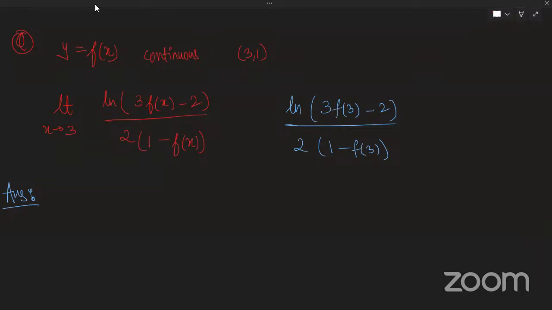Sir, is it y? F of 3, will it not be a constant value? F is a function, 3 is a constant value that's been inputted in it. So f of 3, will it not be a constant value? Yes, sir.